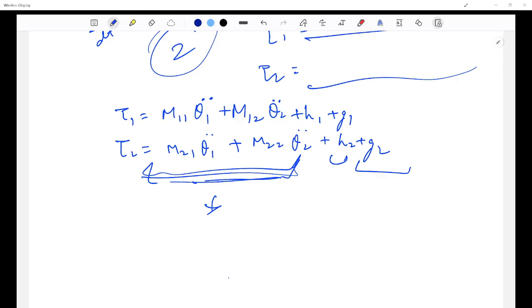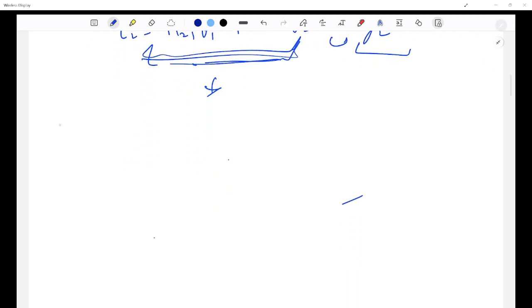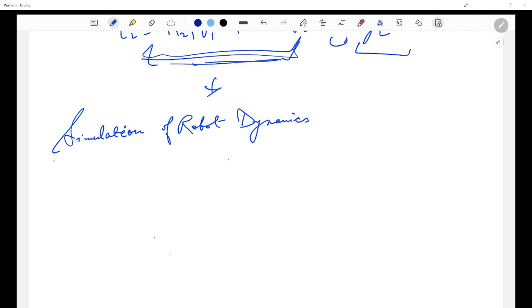Now if you want to simulate robot dynamics, then how would you do it?